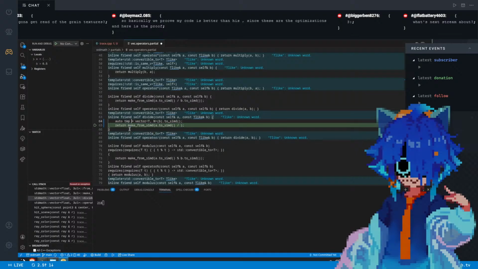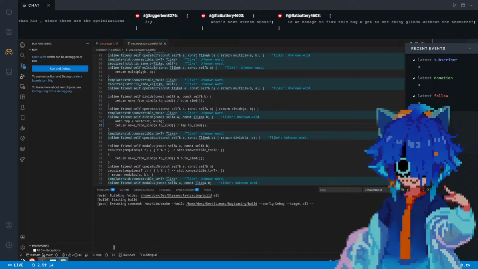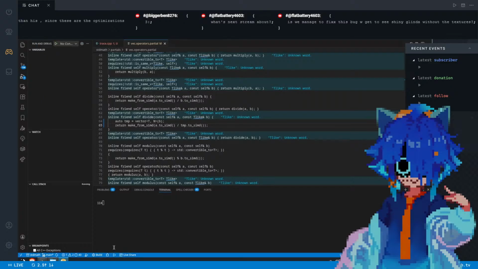Actually, not the SIMD, the vector. We pull this temporary vector out, and then we divide by temp dot to SIMD. I wonder if that'll do anything for us. Because I don't think we should be running into any stack overflow issues.